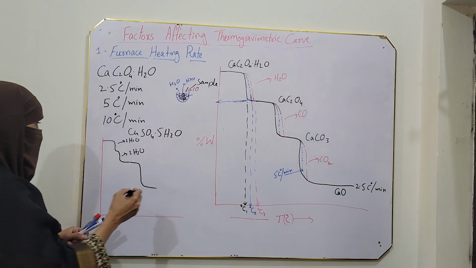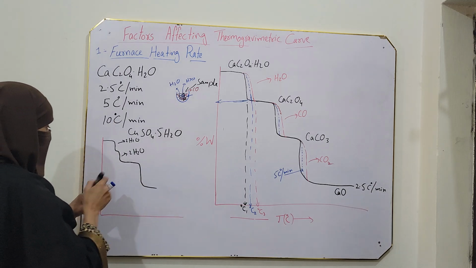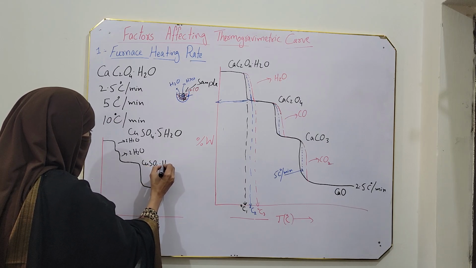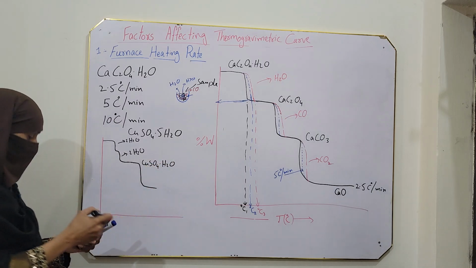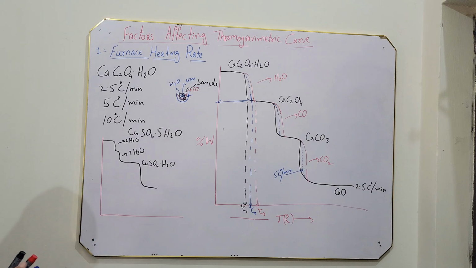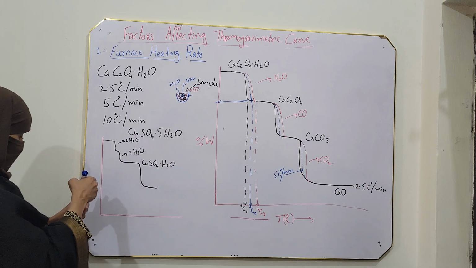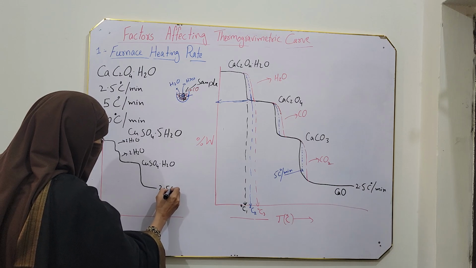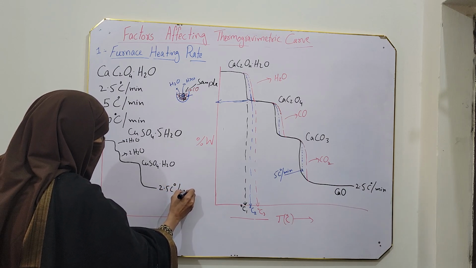Then comes the next step. After the first step, we have copper sulfate monohydrate. Then the last water molecule is removed. Now this was the slow heating rate, 2.5 or 2 degrees centigrade per minute.